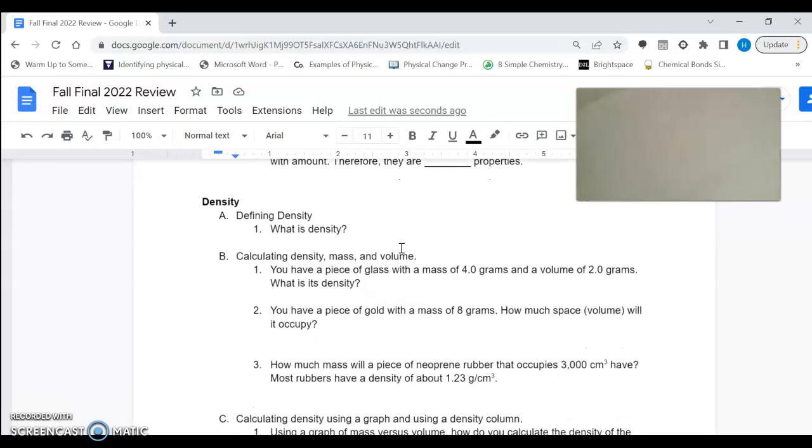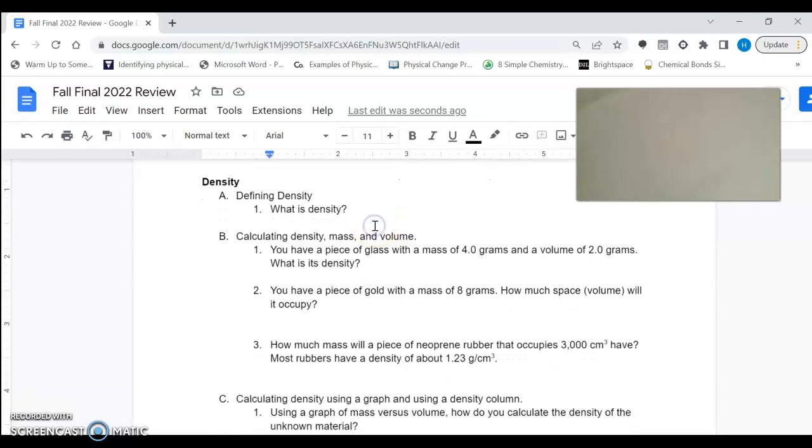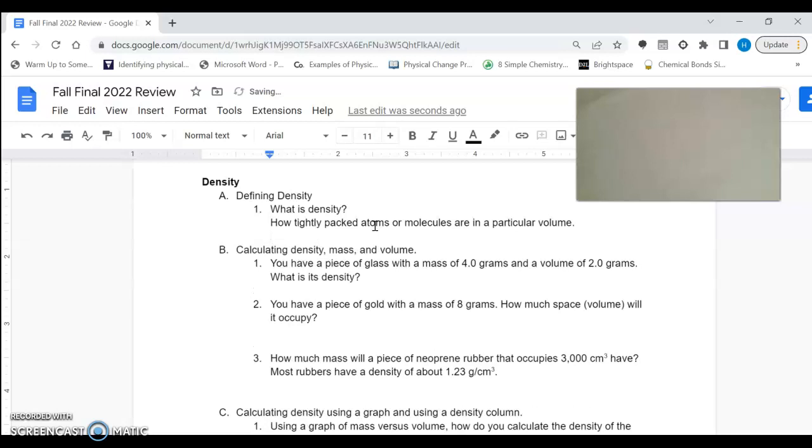So let's talk density. Density is how tightly packed atoms or molecules are in a particular volume. That's the non-technical definition. The technical definition is mass per unit volume, and this is our equation.